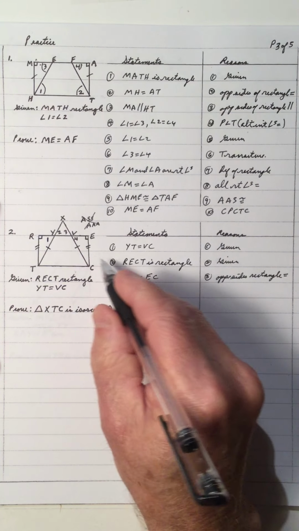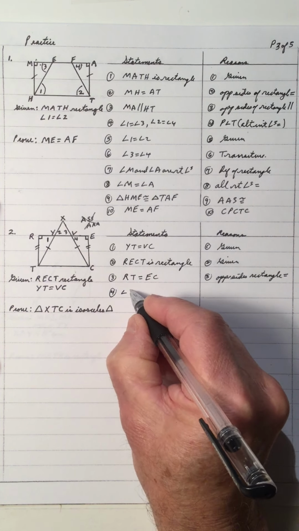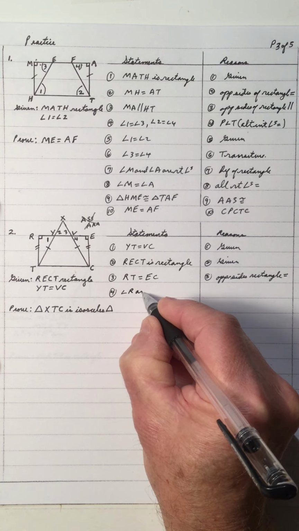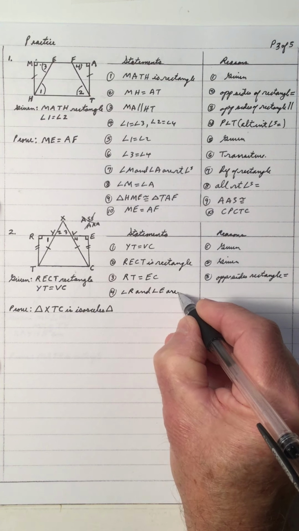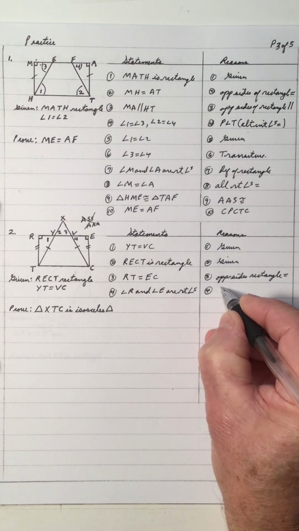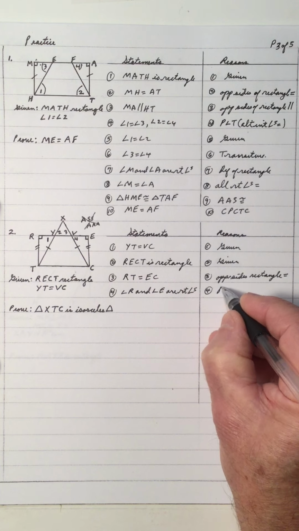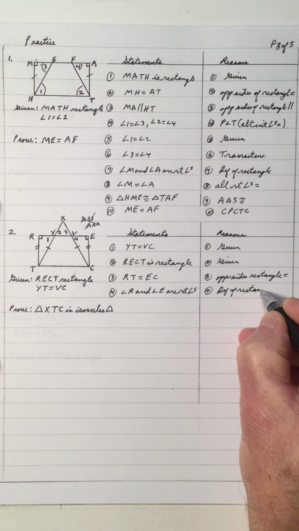And we have the 2 sides, and we have to say that angle R and angle E are right angles. Because we have a rectangle, that's the definition of a rectangle. The rectangle has 4 right angles.